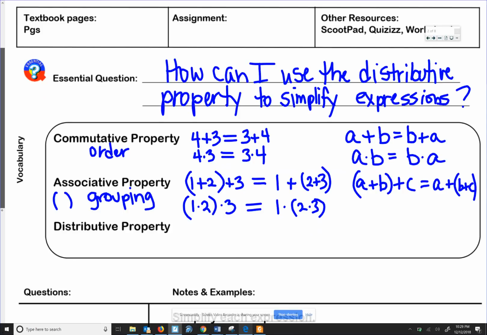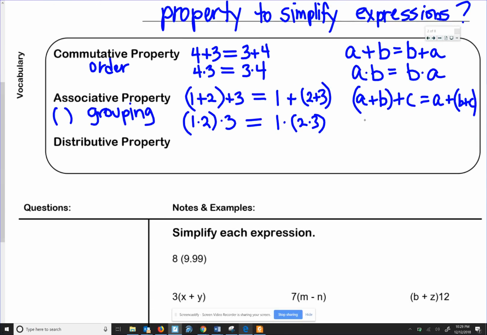So if I'm multiplying a times b, put that in parentheses, take that quantity and then multiply by c. That means this, I'm going to get the same value as if I had said take a times the quantity b times c. B times c is in parentheses, do that first, and then multiply by a. Same thing.